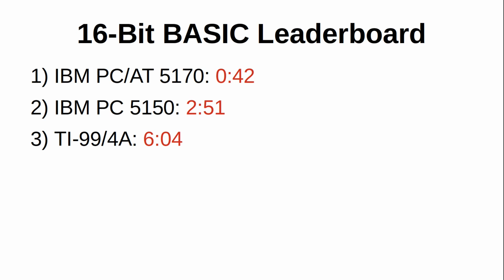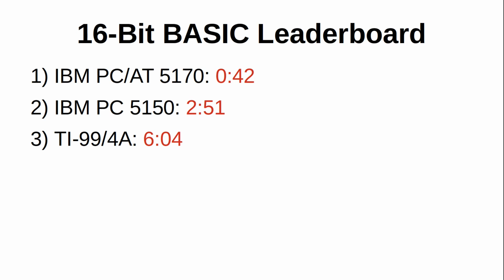We're going to continue this first round of the 16-bit Battle Royale with other 16-bit computers that came out in the 80s, like the Apple Macintosh and the Commodore Amiga, the Atari ST, and even seeing Apple again with the IIGS.